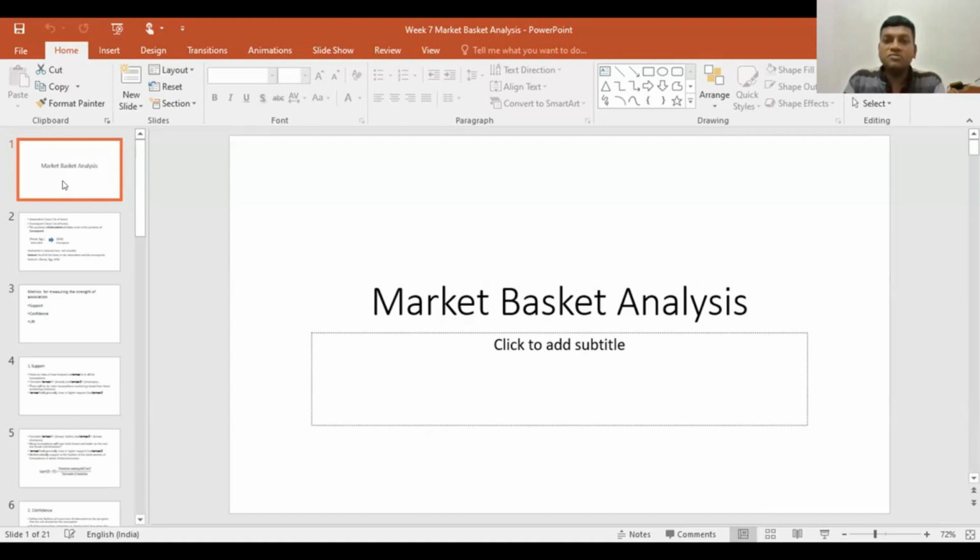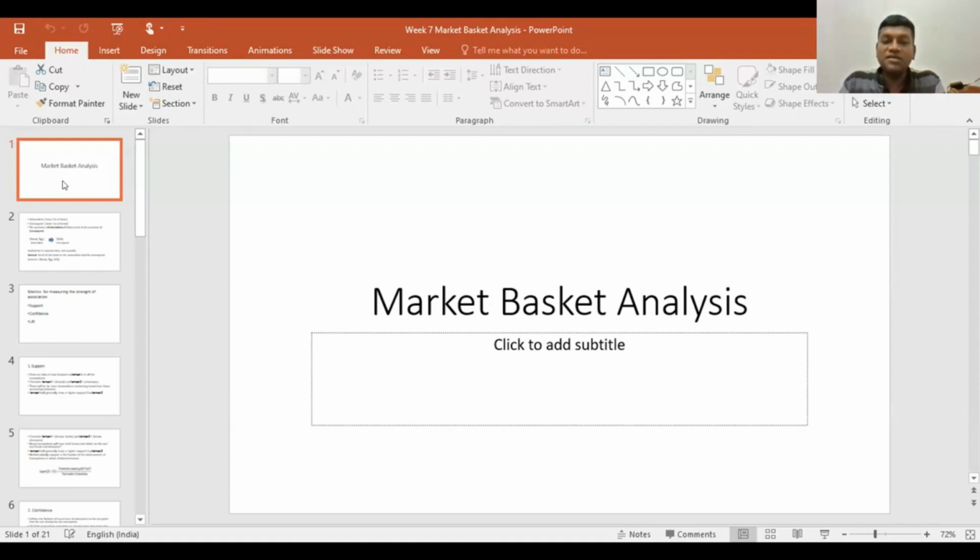The other way to test if it's more effective is keep bread at one corner and put butter at the opposite corner somewhere else. In doing so, you're forcing the customer to walk all the way from this part to the other part of the shop, and then hoping that he would also pick up orange juice and cornflakes along the way, or he might pick up any other impulse buy.